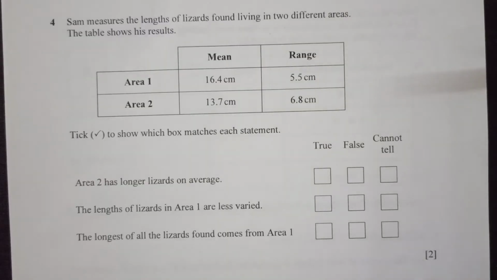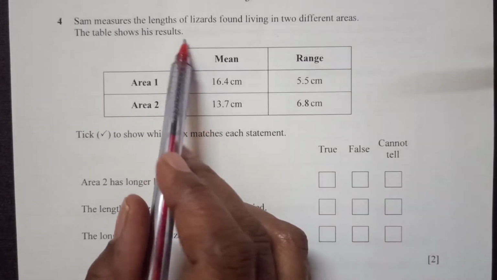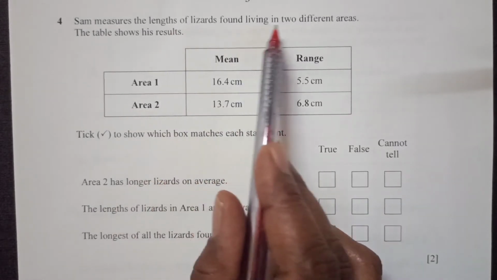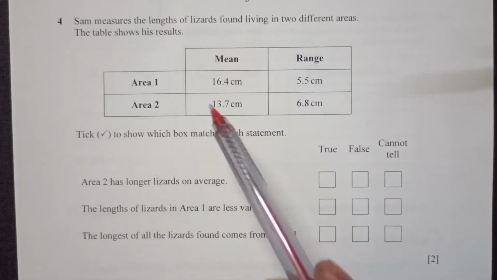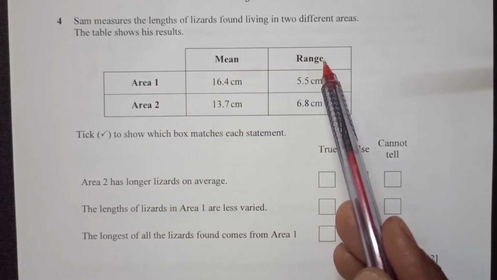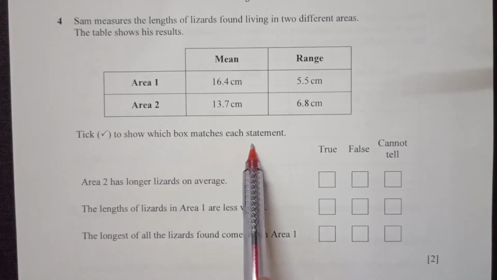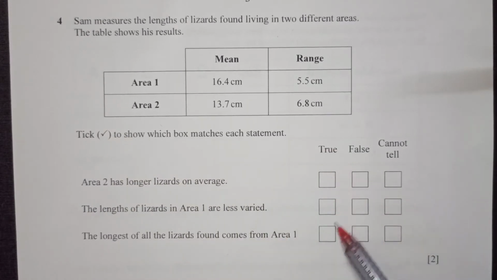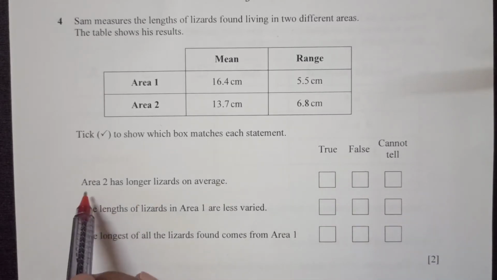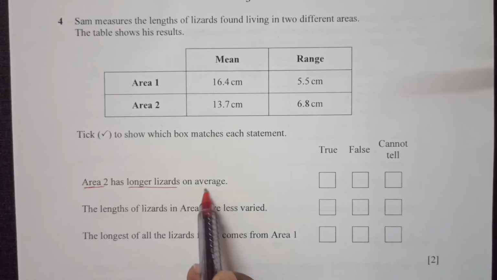Question number 4. Sam measures the lengths of lizards found living in two different areas. So we have area 1 here, area 2, and we are given the mean and range. Tick to show which box matches each statement. We have boxes here: true, false, cannot tell. So let's go one by one. Area 2 has longer lizards on average.